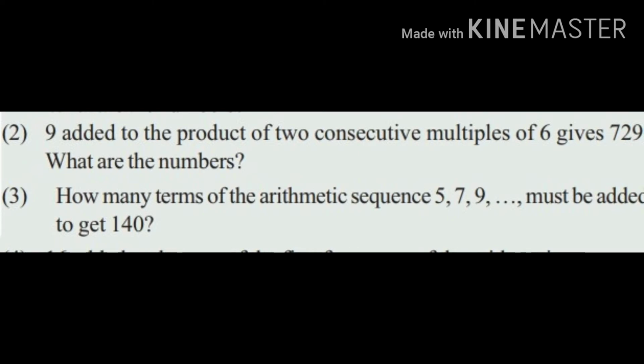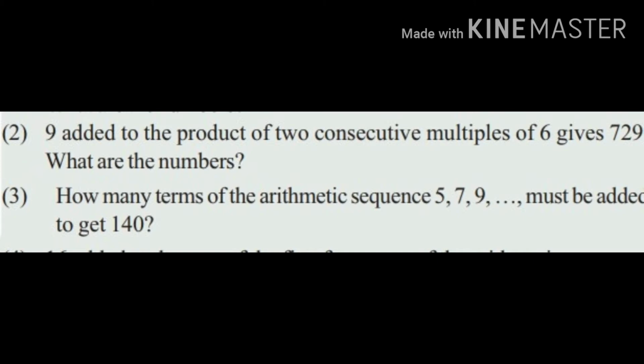Now the second number will be x plus 6. Then its product, that is x into x plus 6, and 9 adding, so plus 9. That answer is 729. Now by using the method in the first question, you can solve this. Okay, try to do that.